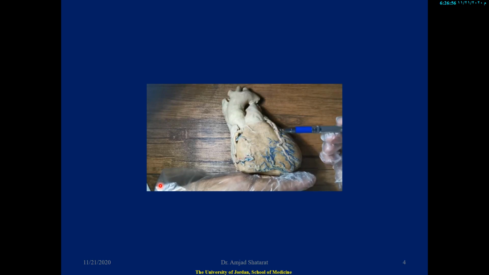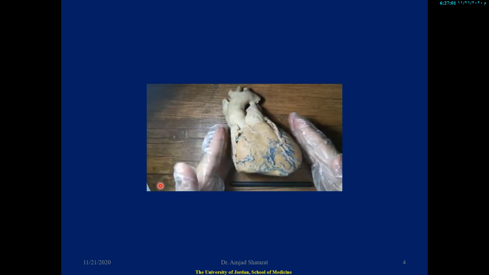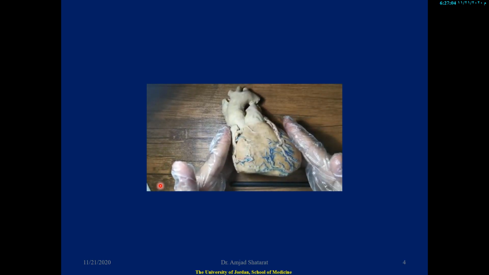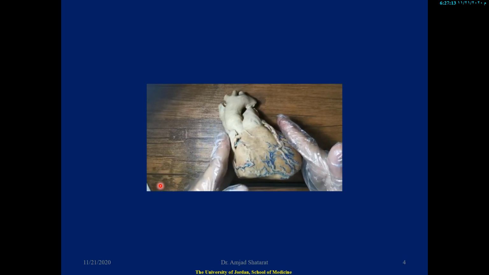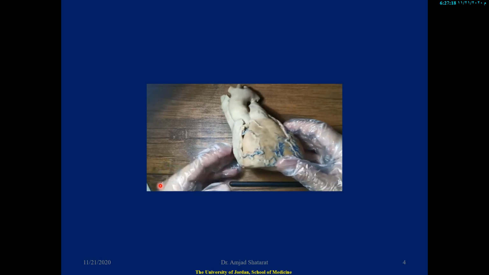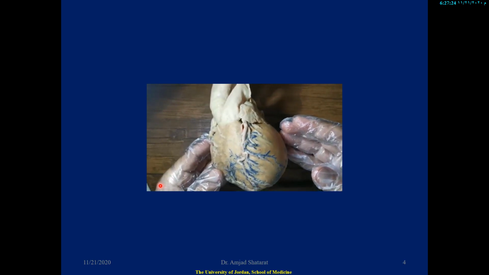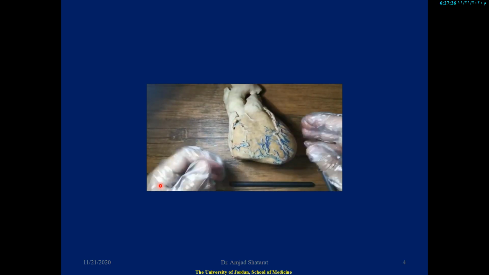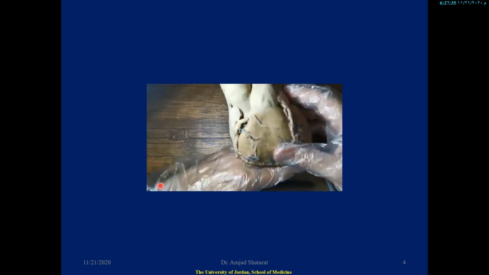Also we have two surfaces that come in contact with the lungs. That's why we call them the left pulmonary surface and the right pulmonary surface. Let me demonstrate each one of them. This one is the right, and this one is the left pulmonary surface. Now the heart rests on an inferior, or what we call the diaphragmatic surface.